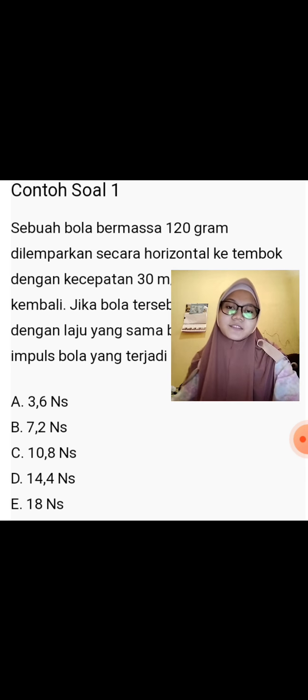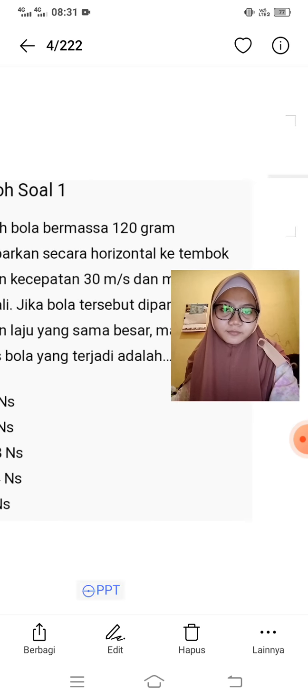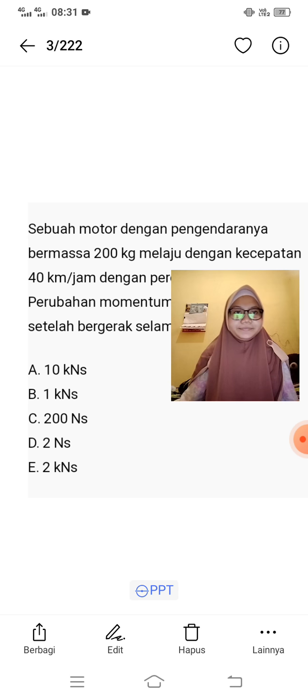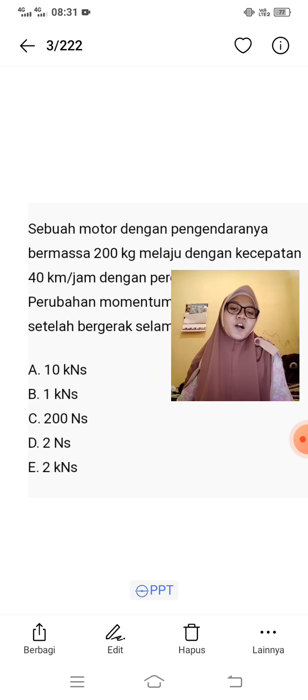Okay, next, number 2. A motor with a mass of 200 kg rider traveling at a speed of 40 km per hour with an acceleration of 2 meters per second squared.